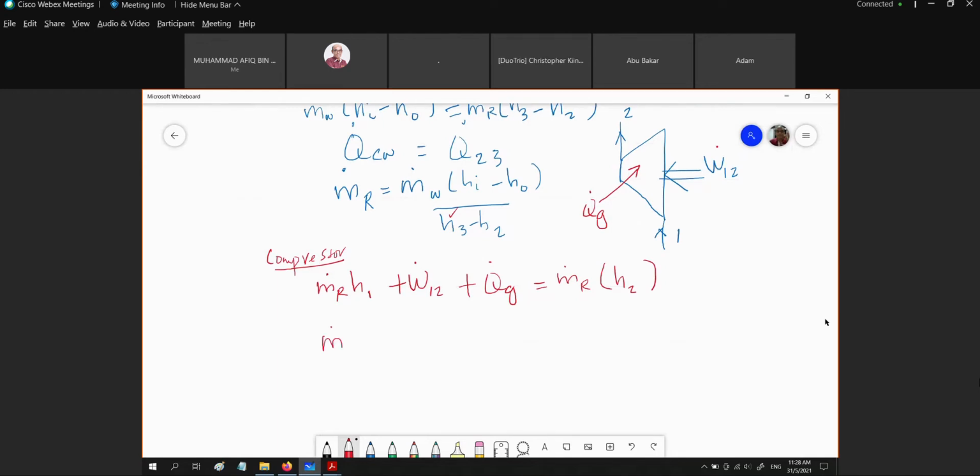So this is M dot R H1 minus H2 equal to minus W dot 12 minus Q dot G. And in this case, we are also having the problem of M dot R. We cannot solve the M dot R right here.